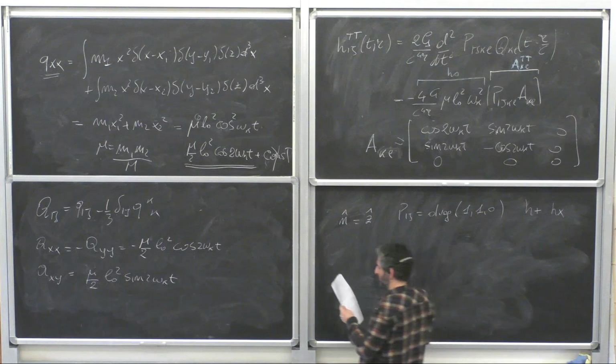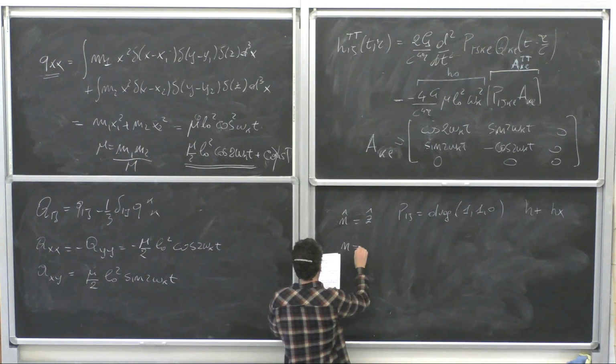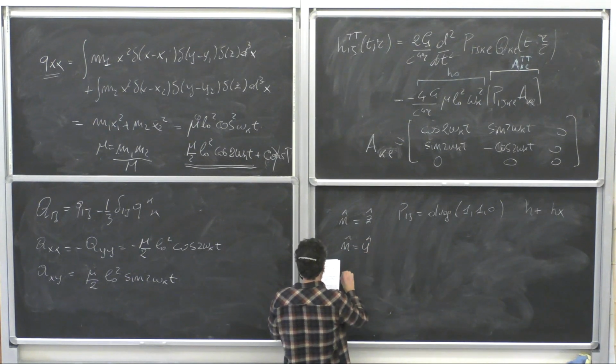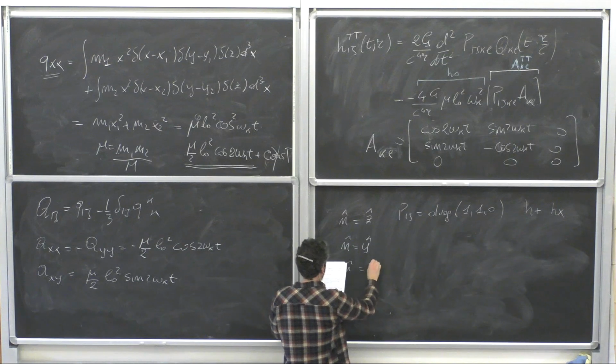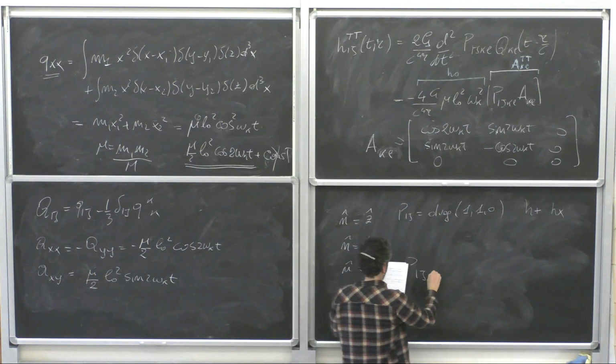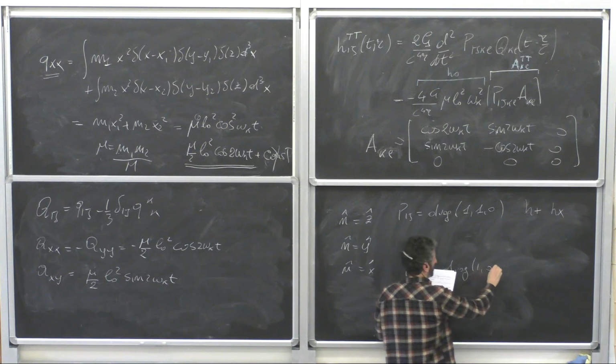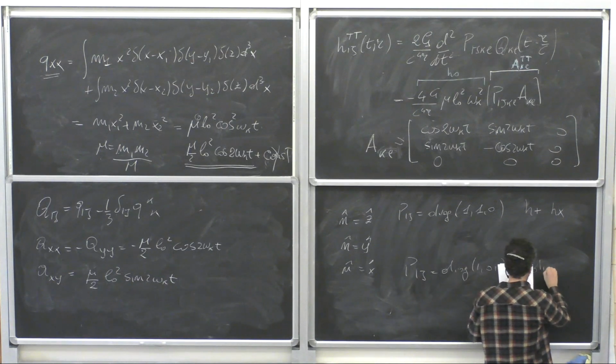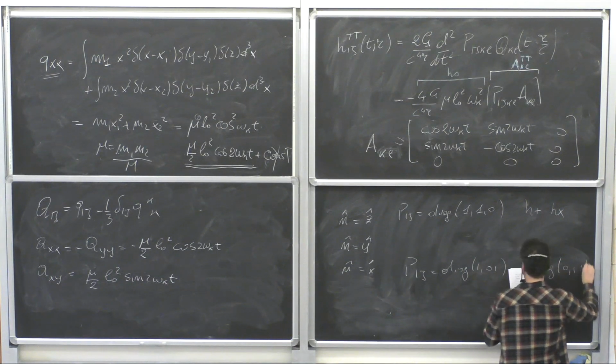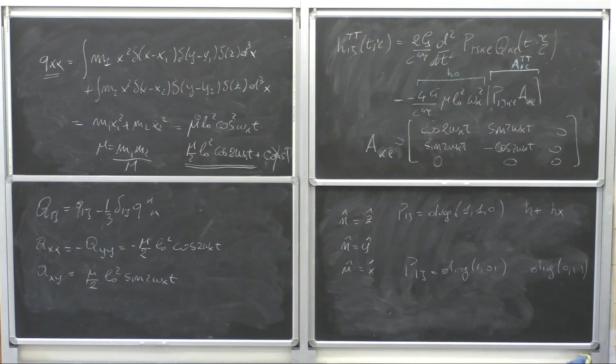This depends really on the particular source and orientation, but if n is equal to y or n is equal to x, you will have P_ij, which is diagonal 1, 0, 1 or diagonal 0, 1, 1, and we'll have that the gravitational wave is linearly polarized, so you will have only one of the two components there.